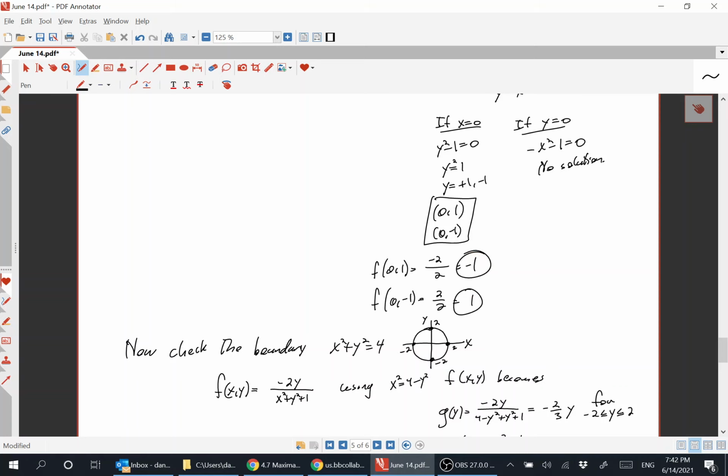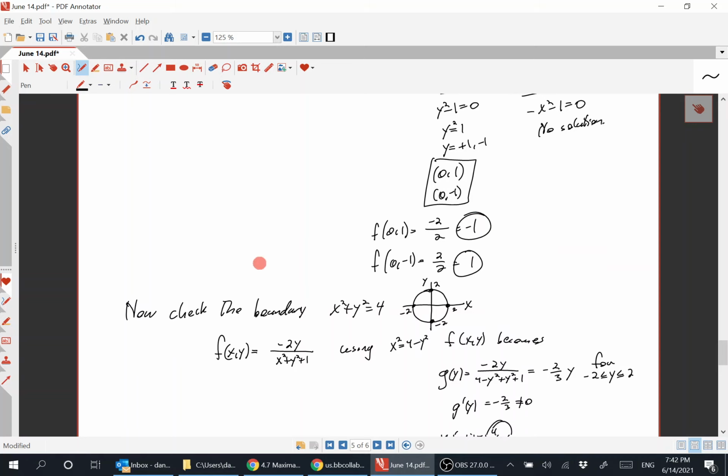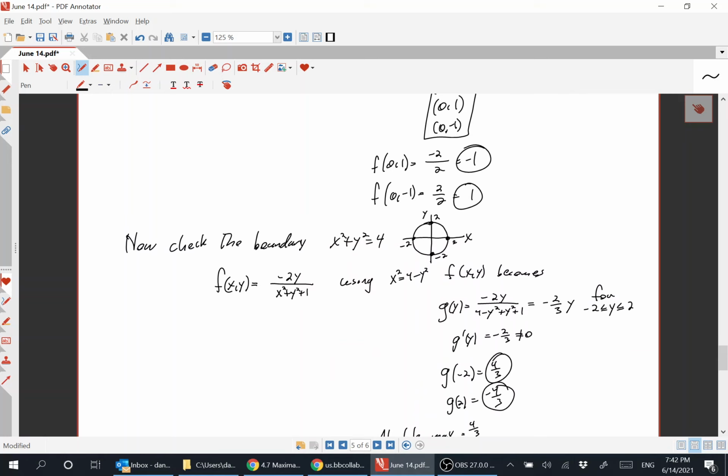-1 and 1. Right? And then check the boundary. And on the boundary, I'm not going to give you a square. I'm going to give you a hexagon so you have 6 sides to check, right? So on the boundary, you're going to have different components. Luckily, with the circle, there's only one component.